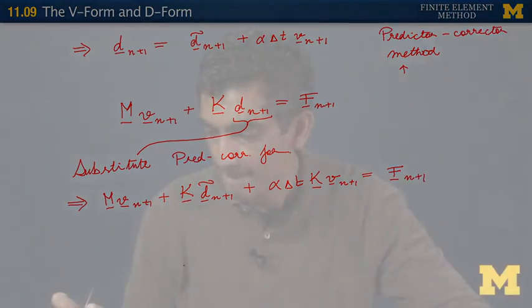I said that the reason we call this the V method is because we are going to try and rewrite our discretized ODE entirely in terms of V, entirely in terms of Vn plus 1. So that is indeed what we do.